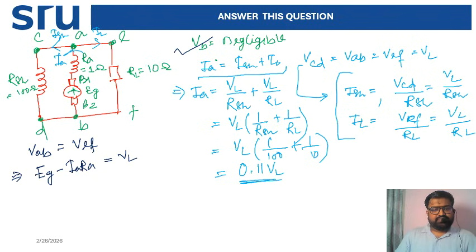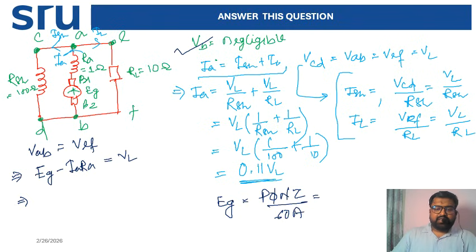In this condition, RA value is given, EG value we have to calculate. It is also given. How? Because you know the EG formula, that is nothing but P phi N Z by 60A. P value is given, that is 4. Phi value is given, that is 0.02.